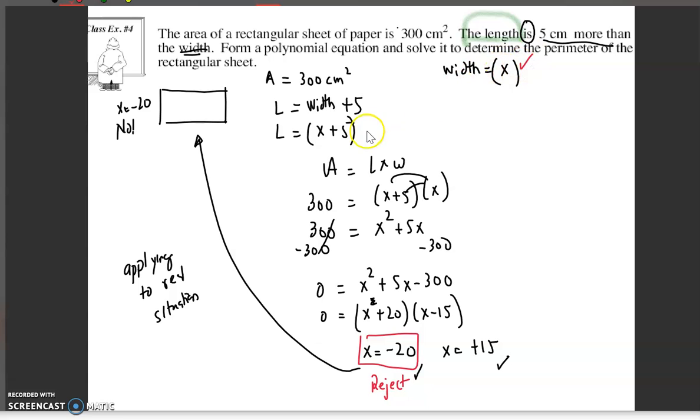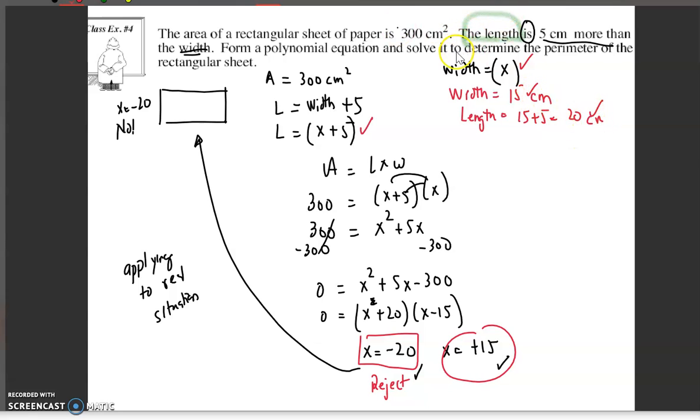Will it make sense for both of these scenarios? If it doesn't make sense for either one of them, you can't accept it. So, does x make sense to be positive 15? Let's see. Can my width be x? Yes. Can my length be x plus 5? Does that number also make sense? Yes. So, okay, good. So we know that the length and width are 15 and 20 centimeters.